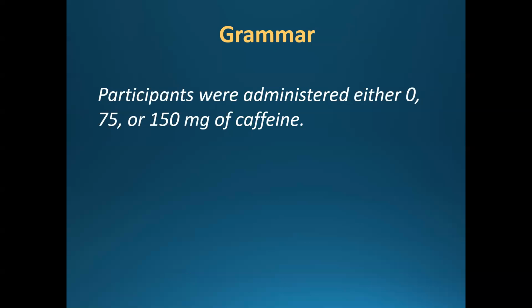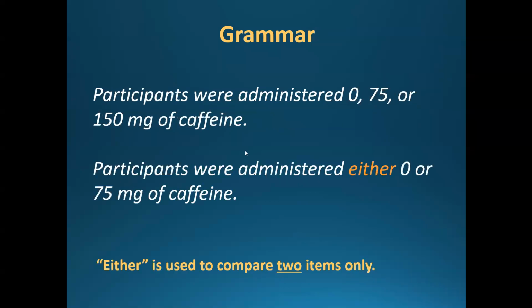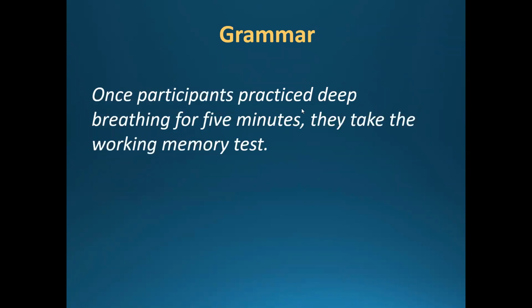Julia? Could you not say the word either because there's more than 2 options? Yep, perfect. So either is used to compare 2 items only. Since we have more than 2, we should either just restructure the sentence or just drop either. Good job.